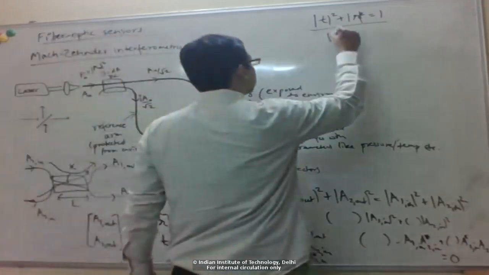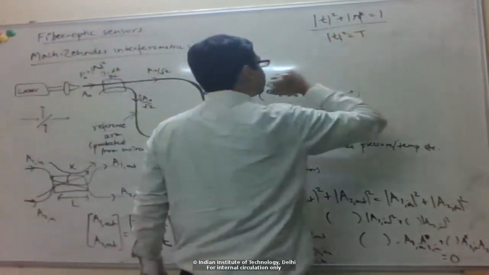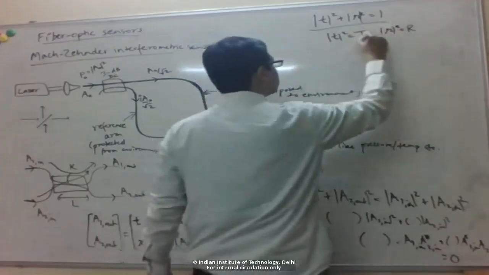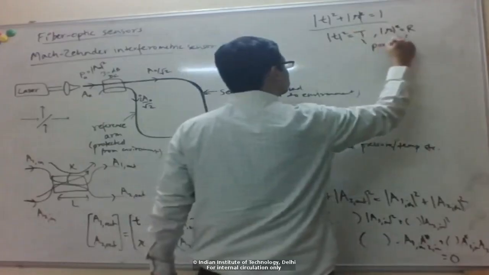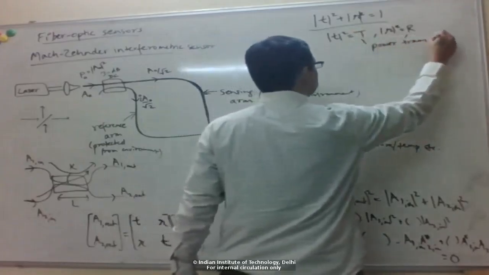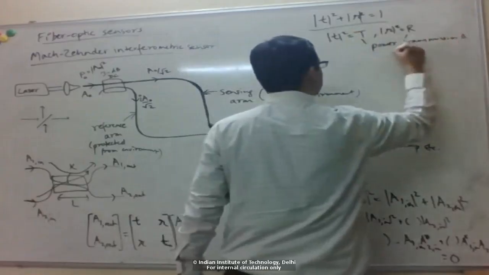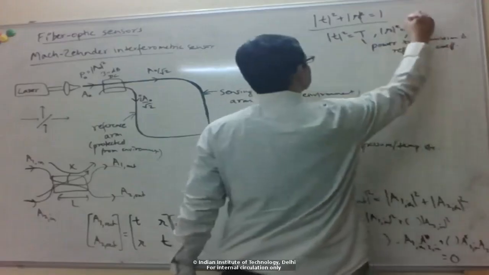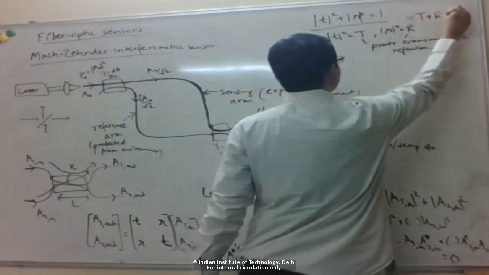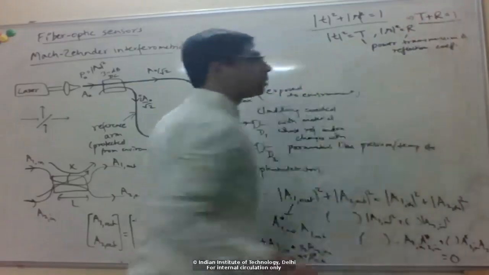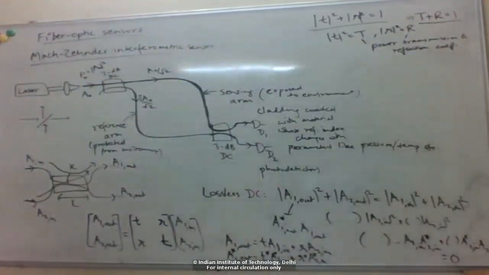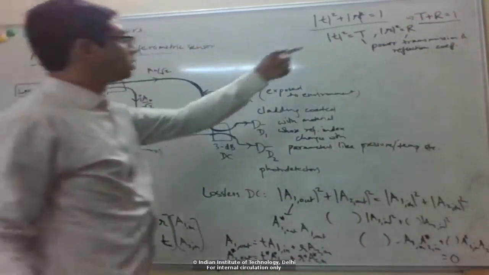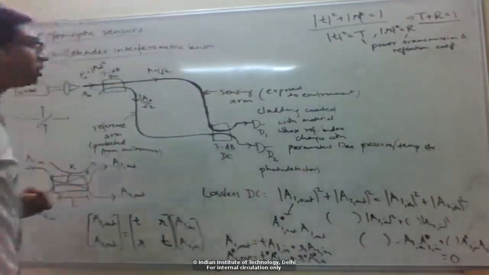So if we write mod of T square as some capital T, which is the power transmission coefficient, then the power transmitted and reflected from each port should add up to 1. Again, that is obvious from the lossless condition of the device. So that's one condition.